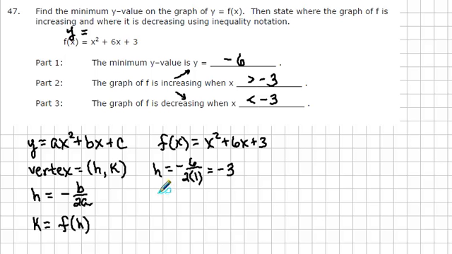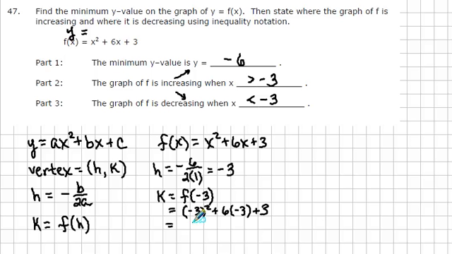In order to find the y-coordinate of the vertex, we just substitute the value of negative 3 into the function. So f of negative 3. So we find the square of negative 3, add 6 times negative 3, and then add 3.